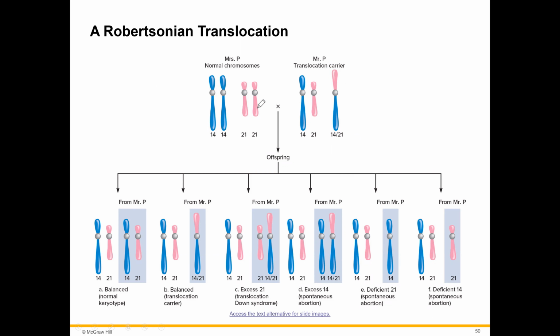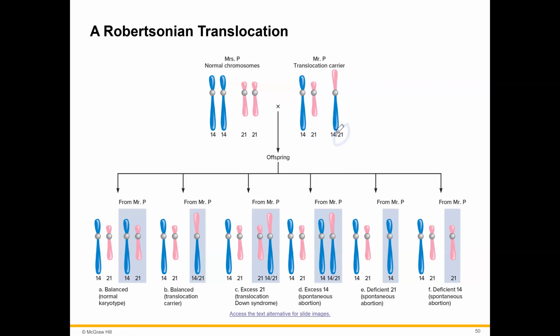What happened is this piece of chromosome 21 attached to chromosome 14, and those little segments were lost. When they were lost, they do not carry that many genes. So the father doesn't have any changes in phenotype, no symptoms. He's just a normal guy, and nobody would even know that he has this karyotype, because he still has 14 and 21.